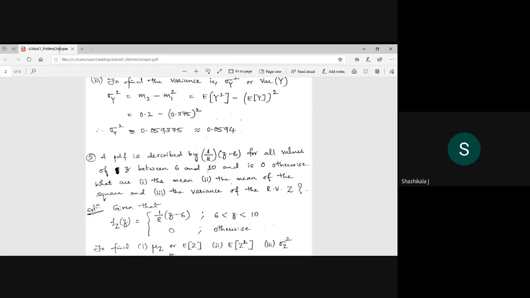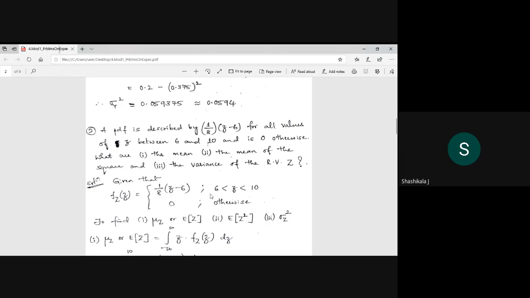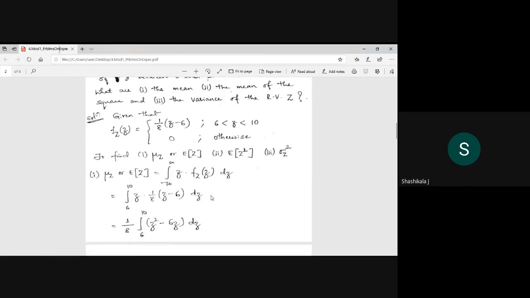Yes, it is a similar type of question, so I don't think I need to explain this. Only thing is your integration limits are changed, that is 6 to 10. I hope I can go further.